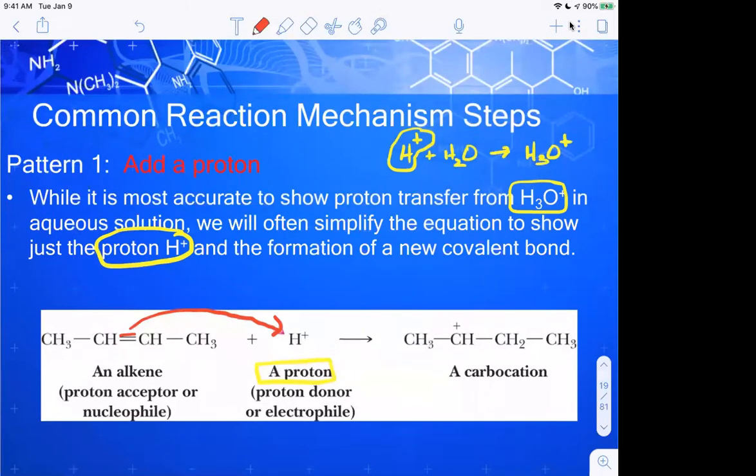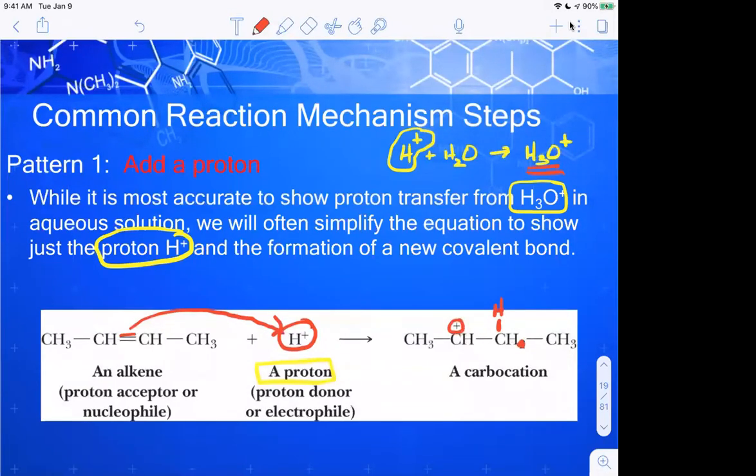By using this, it's assumed that hydrogen is actually part of the H3O+. I try to give you the full mechanism as we go through a lot of these reactions so that you don't get that confused. But you're also going to see this H+ used a lot. And basically what I have is this new bond that's forming.